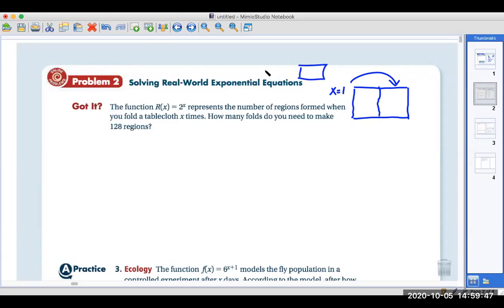When the tablecloth is intact, x is 0, which makes not much sense in the context of our problem, but that's what that means. So now the first fold, fold it over. Now you got half of it, right? Half of the tablecloth, it's half big. So now you're gonna fold that in half again. So that means x is 2. And so you're folding it this way, right? And what do you have left? The lower half.